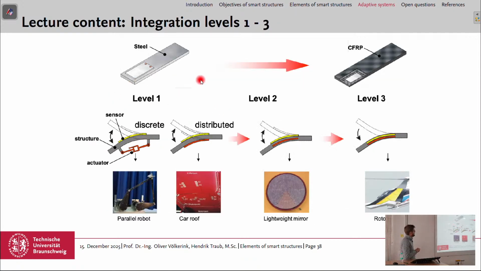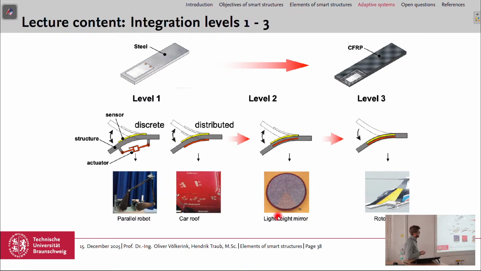If you have a metal structure, you can only apply things. You have level 1, for example, the parallel robot. And here's also an example of the car roof I showed for noise reduction, where you can see the car roof from inside, which is made from metal with the applied piezo composite transducers.